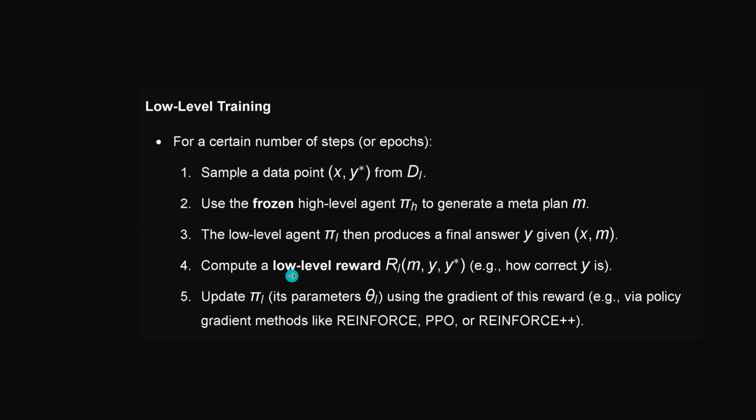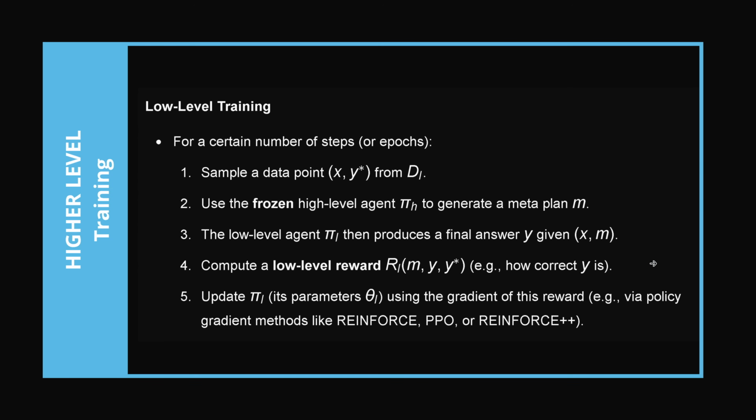And then we compute a low-level reward function, r low, where we have our meta plan, our result y, and the ground truth y star. And then we simply update the policy. We update all the parameters of this policy using the gradient of the reward. And we do this by the mathematical knowledge of policy gradient methods like REINFORCE, PPO or REINFORCE plus plus or whatever you like.